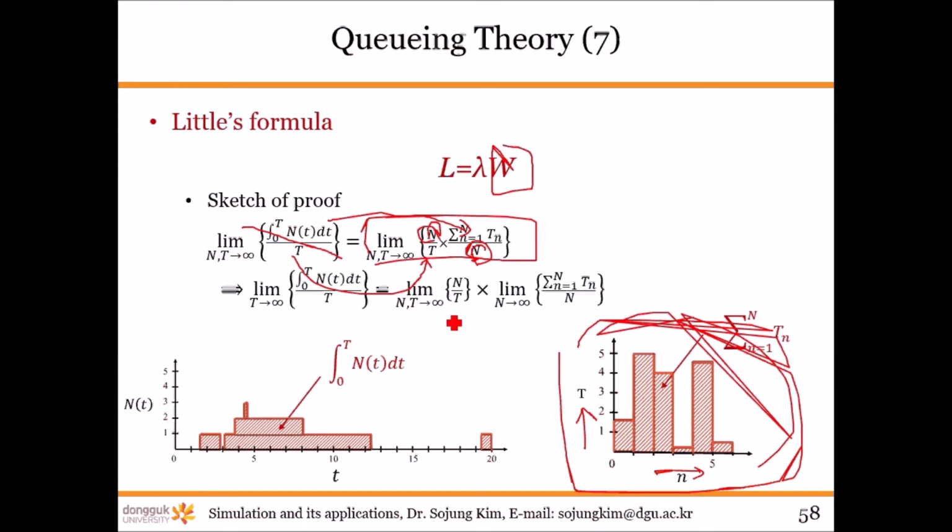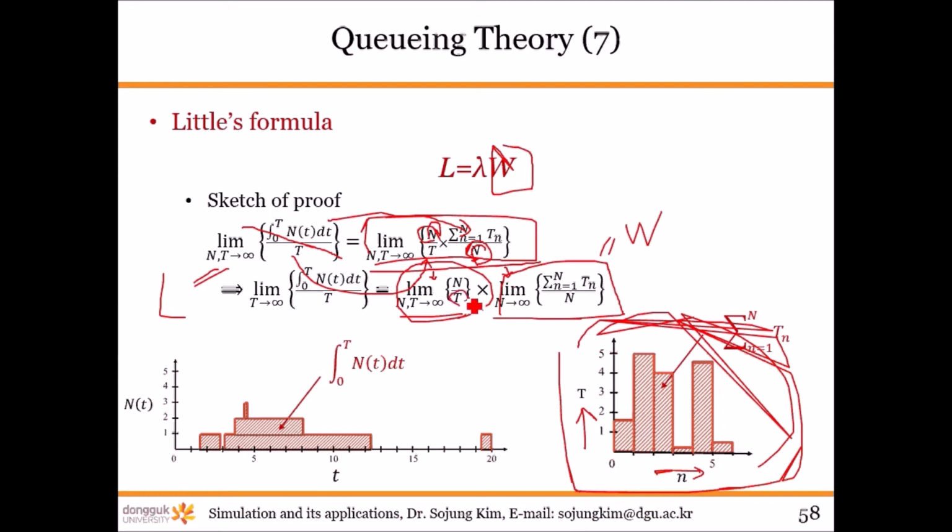And then this can be split into two terms like this, right? As you know, this one gives you W, and this term gives you L. And this term is what?